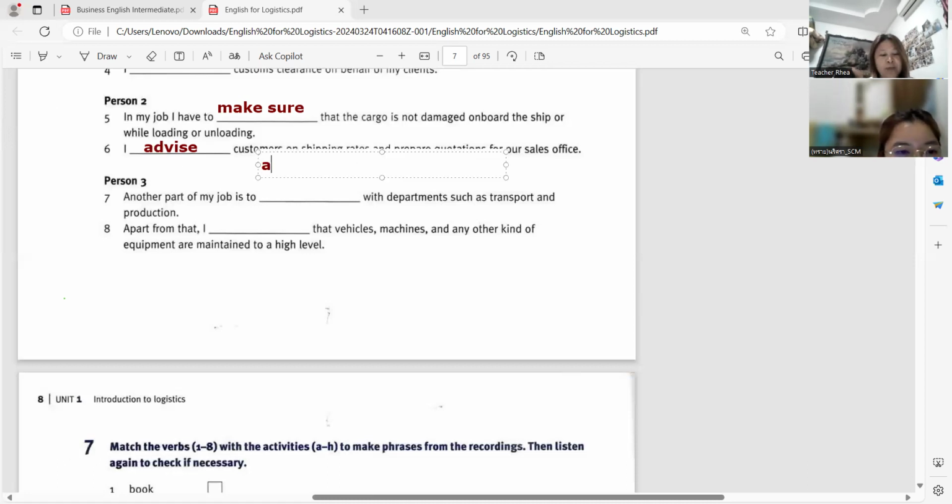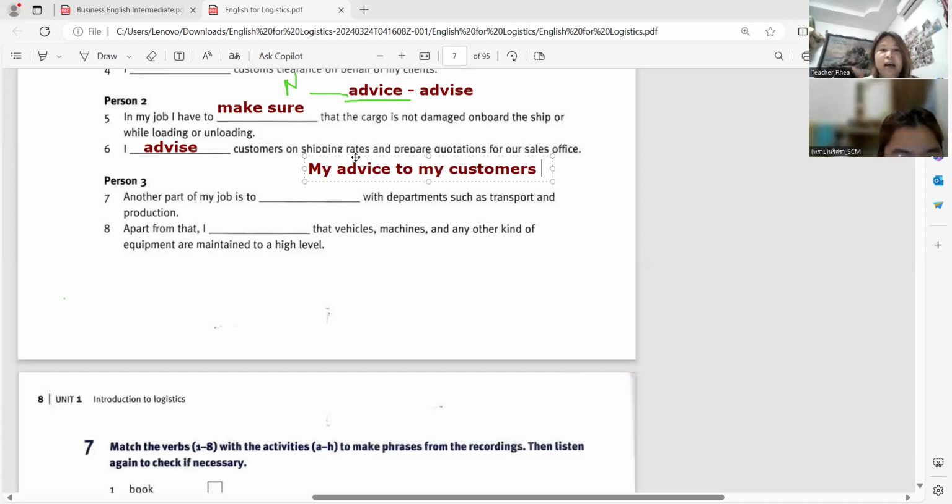By the way, we have this word advice and advise. Look at the spelling of these two words. Advice is a noun. So my advice to you, my advice to my customers about the shipping rates. Here, advise is a verb, to advise.